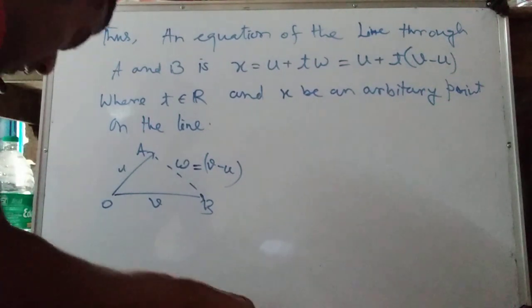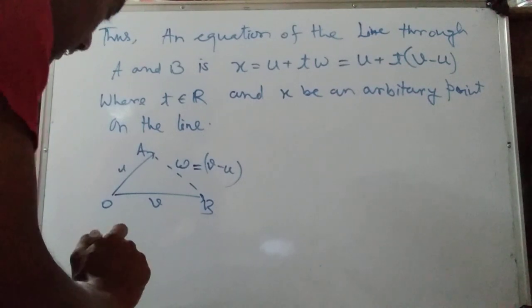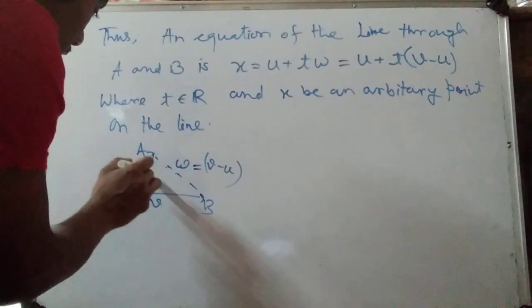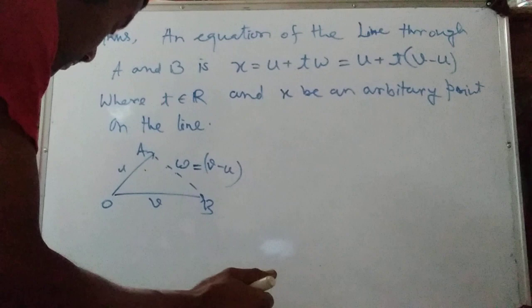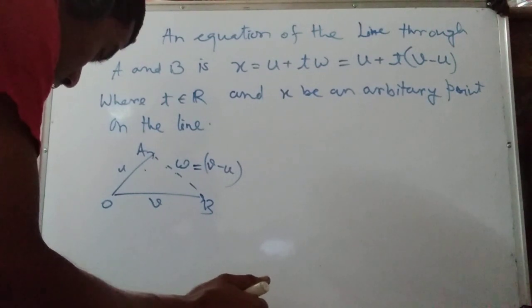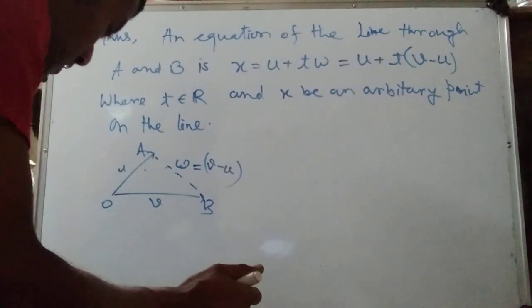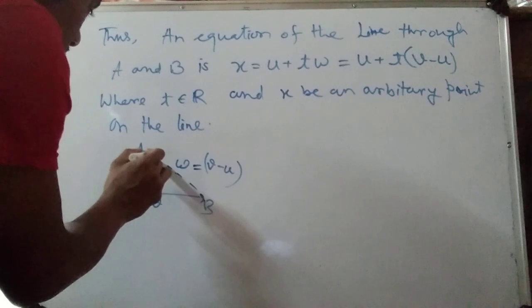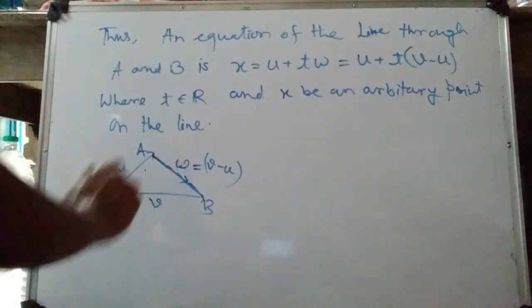So what we call about is that the endpoint of every vector of the form tw means parallel to this w. Obviously, that begins at A and lies on the line joining AB. That means if this begins at A, then this line contains this parallel line.